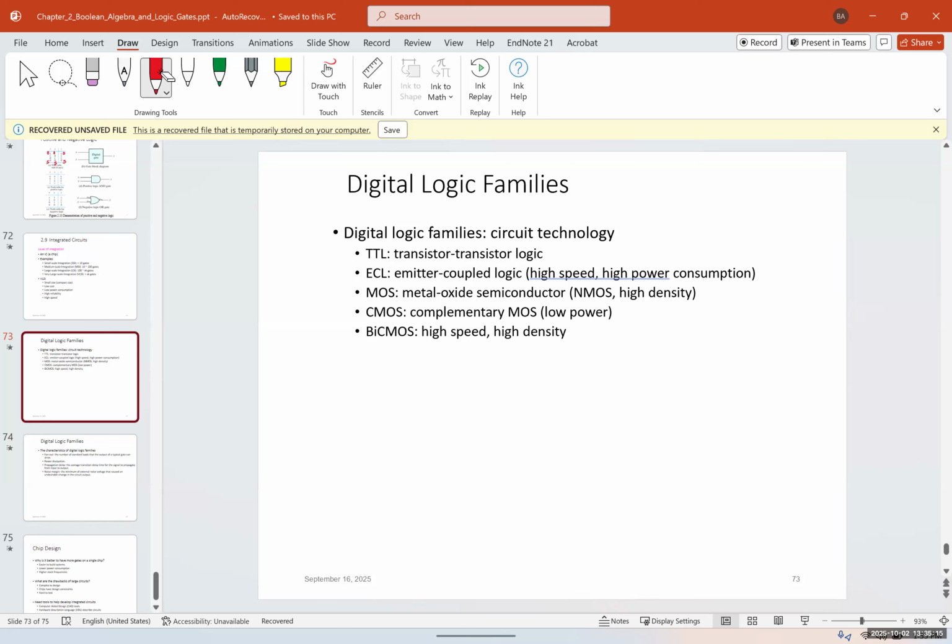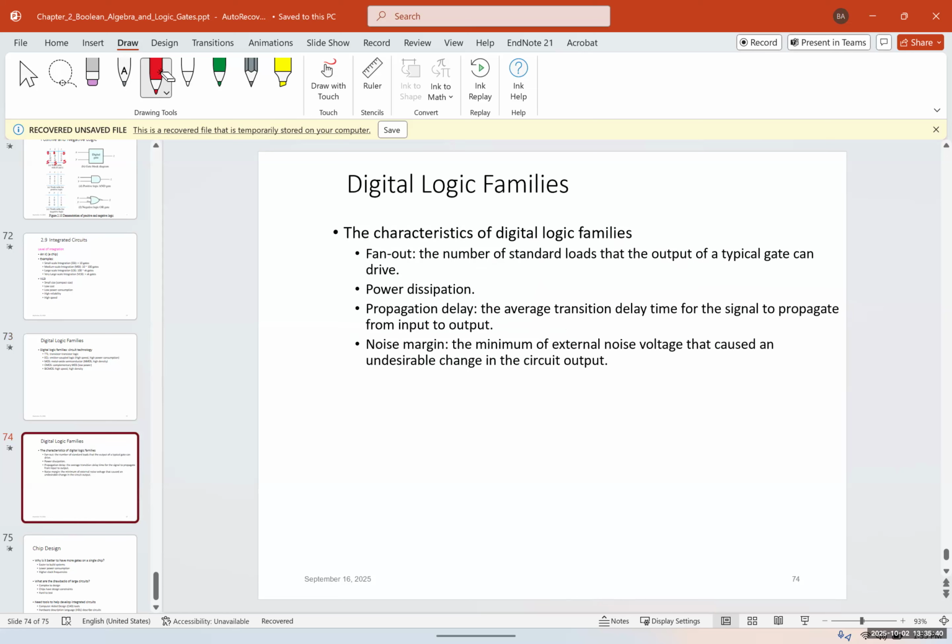And we have the BiCMOS, which is high speed, high density, and is the newer generation. Most of the flash memories that you see are made out of NAND gates or NOR gates, and are usually NMOS. But later generations are also using BiCMOS.